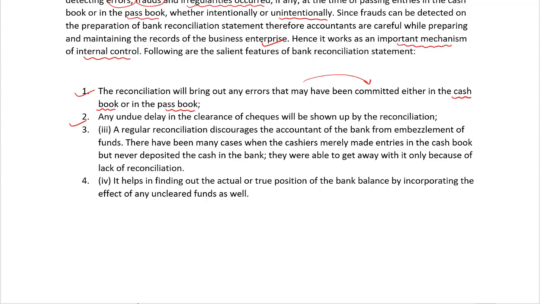Supposing 1 or 2 days are taken for clearing a check, but there is a check which is not cleared for 15-20 days. In that case, the accountant will come to know that there is some issue with the bank, when he tries to reconcile the cash book with the passbook.